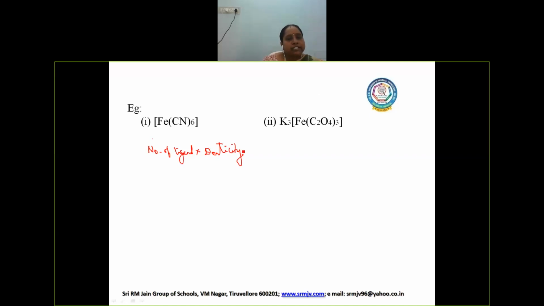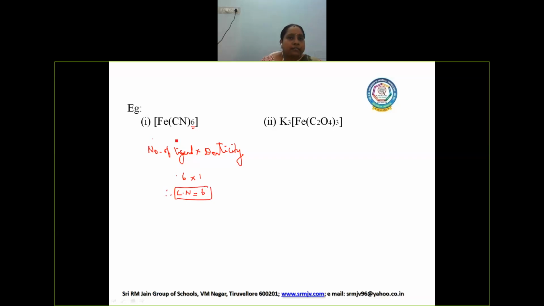How many ligands are present here? 6. And what is the denticity? It is a unidentate ligand, we know that, so denticity is 1. So the number of ligands is 6 and denticity is 1. Therefore, the coordination number of this complex is 6.